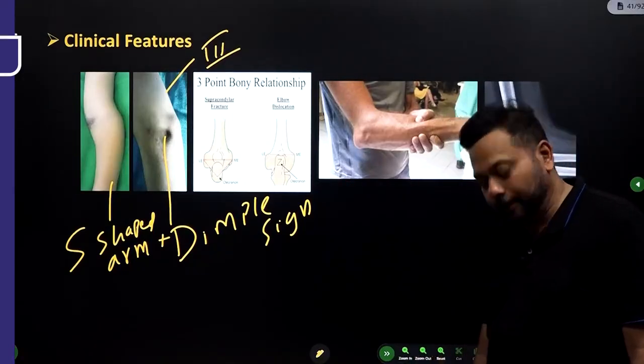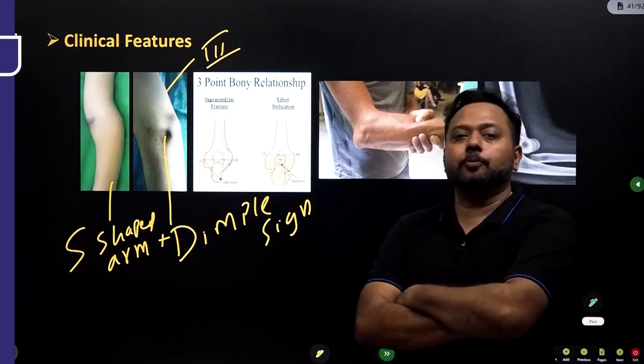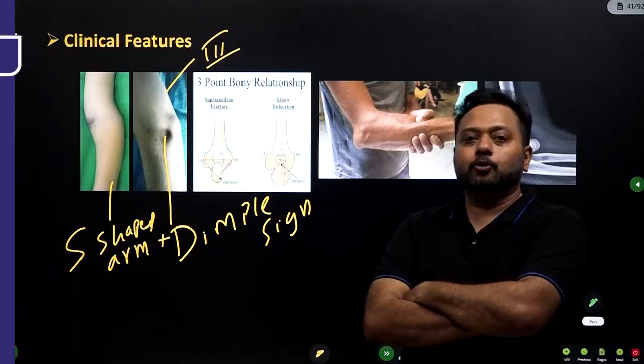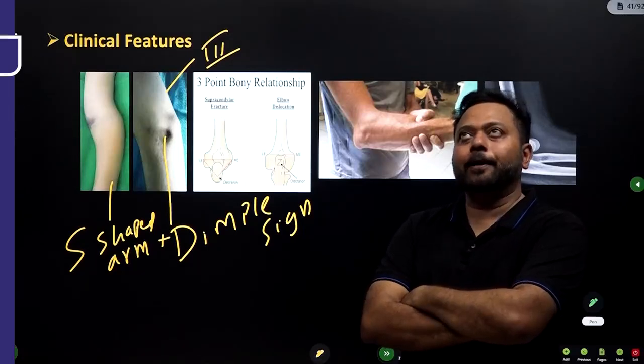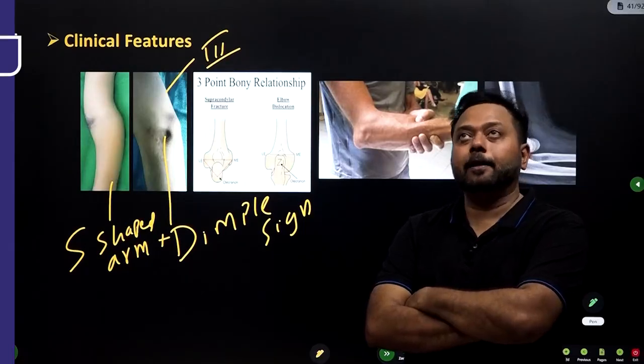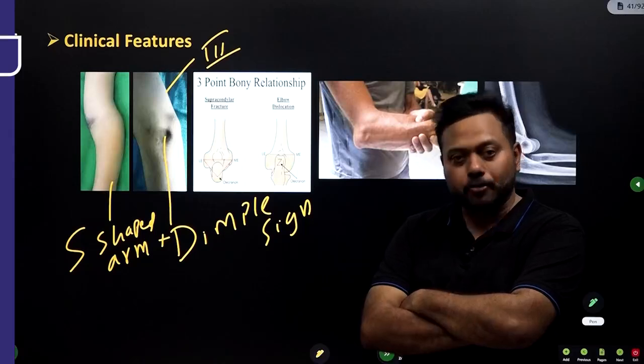The next important thing: whenever you come across a supracondylar fracture, you should be able to differentiate it from elbow dislocation. The supracondylar fracture happens above the medial and lateral epicondyle, so the three bony points are not disturbed. Medial epicondyle, lateral epicondyle and olecranon tip give an isosceles or equilateral triangle.